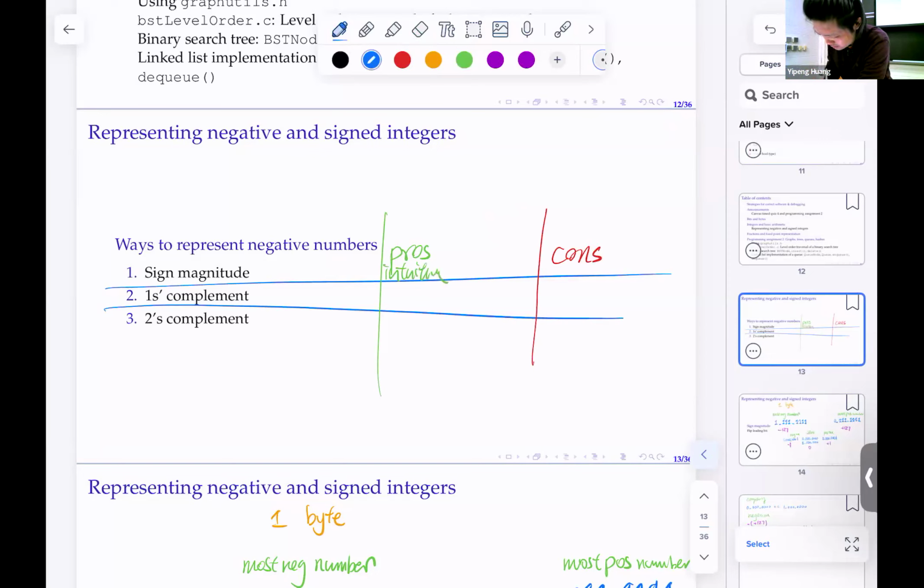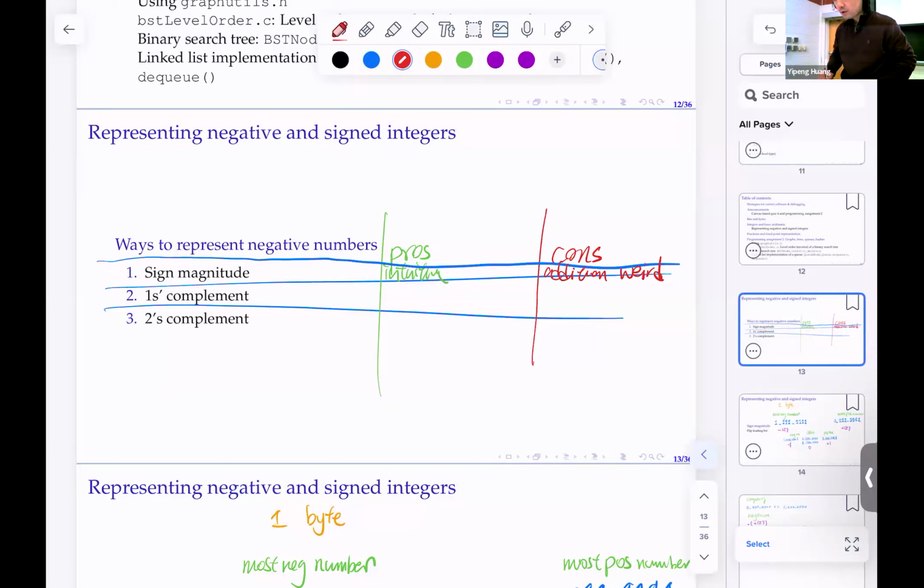What other pros? I would say that's about it. That's the only thing going for sign magnitude, it's our first idea, right? And immediately we saw that there are some cons to it. The biggest con was what? Yeah, you can't really perform arithmetic with it. Addition doesn't work. Addition is weird. I'll summarize it as that.